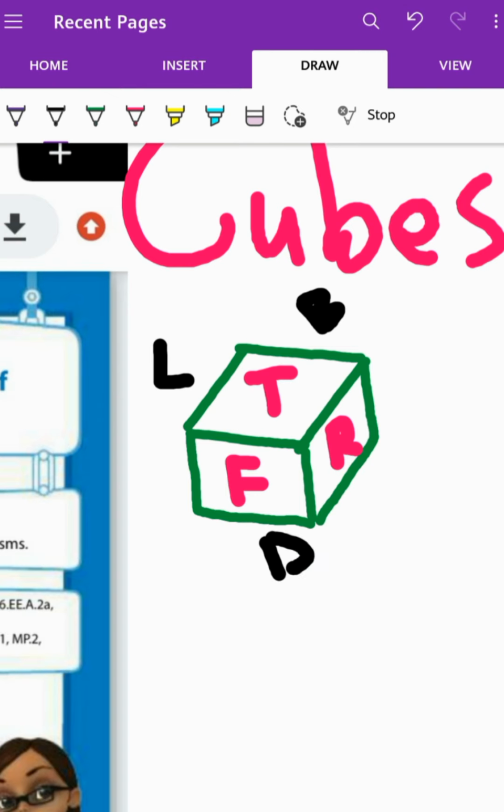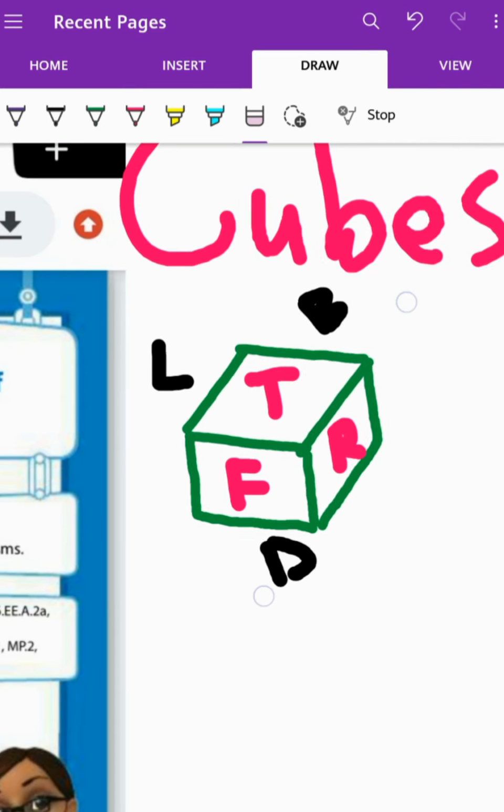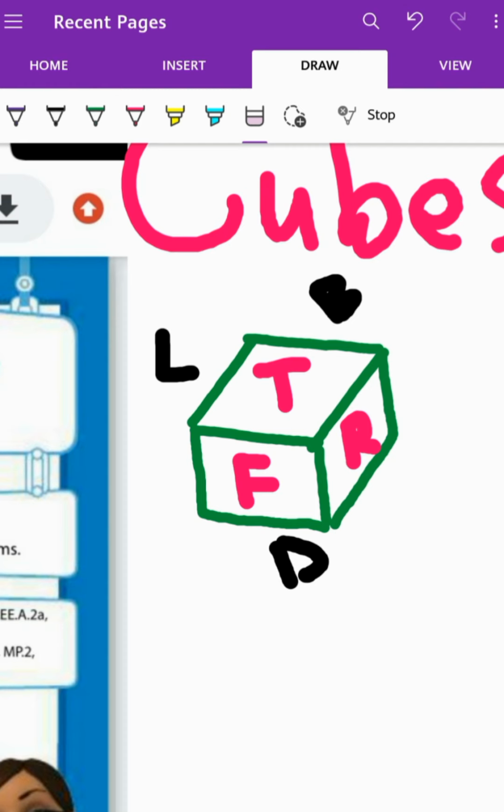Okay, so I find 6 squares, and by your experience you know that the square has 4 equal sides.